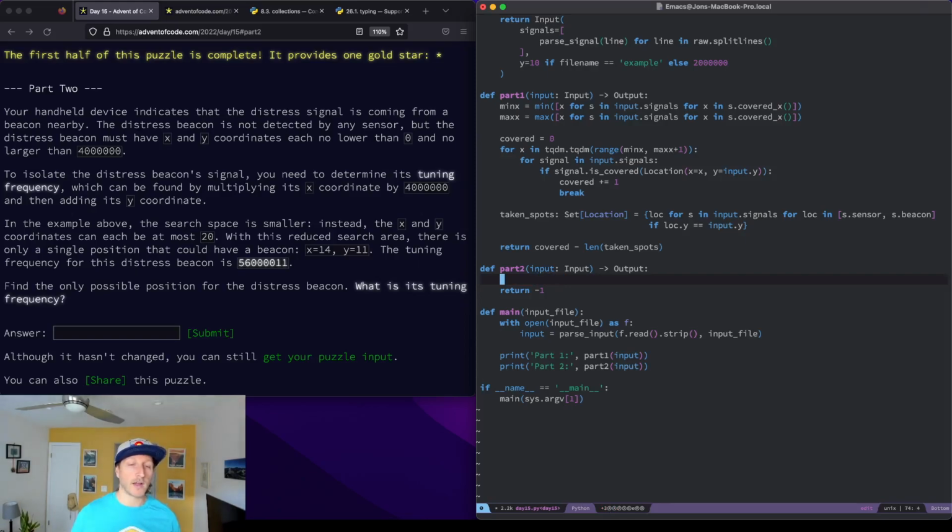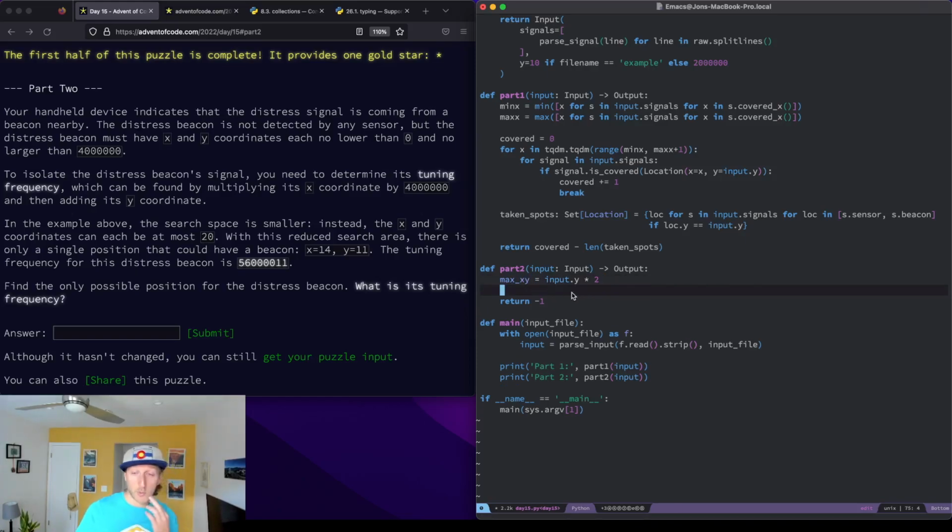The maximum y is input.y times 2. So max y equals input.y times 2. All right, so it's either 4 million, 2 million times 2, or 10 times 2. So we have the max y and max x.